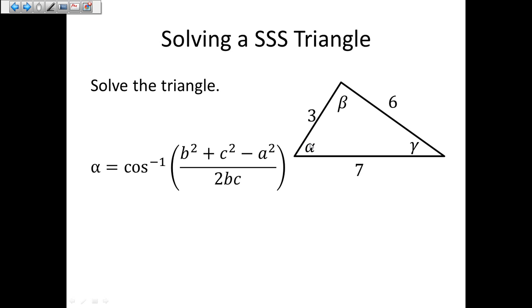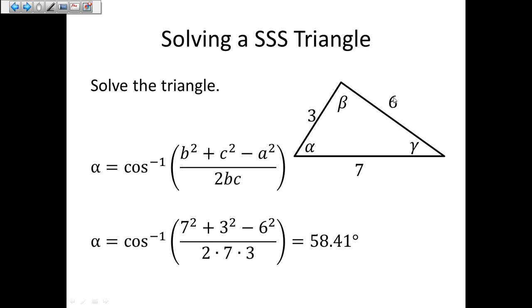So we're going to plug 7 in for B, we're going to plug 3 in for C, and we're going to plug 6 in for A. Now, you can't really mix these two up and hurt anything. You have to make sure that this one is the 6 though. You have to make sure that this one gets plugged in right. The other two, honestly, you can flip-flop. It doesn't matter. We get alpha equals 58.41 degrees.